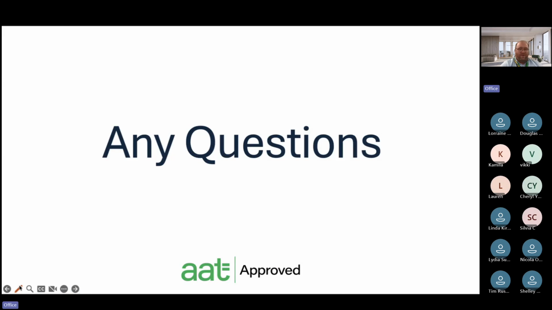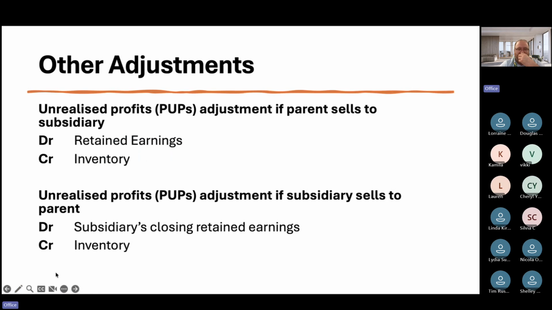Right, so what I'm saying then is on this last slide here, the unrealised profit. So let's assume that we are trading between the two businesses. Let's say that, which one are we going to do?